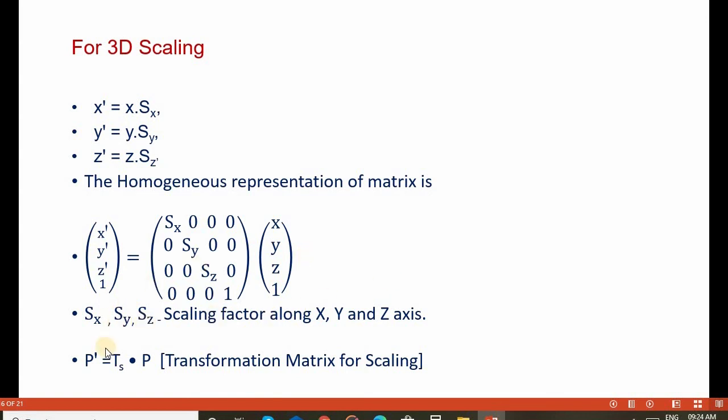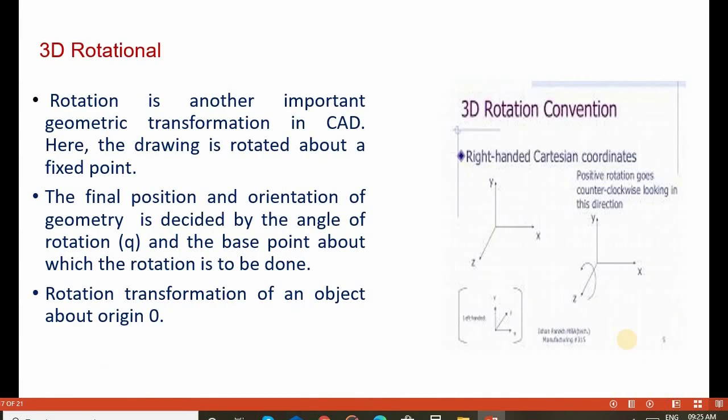So we can have the new scaled, enlarged object as P dash equal to Ts into P. P is the original coordinates and Ts is the scaling matrix. Multiplying the original coordinates with the scaling factor, we can have the new scaled, enlarged object with the new coordinates. Next, 3D rotation.